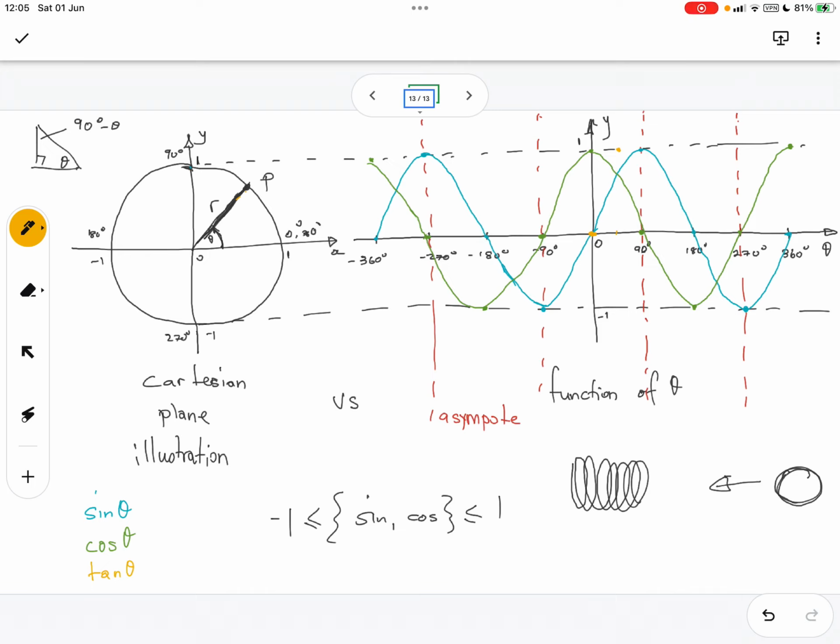So what happens when we get closer to 90 degrees? Let's work out the tan of 89 degrees. We get 57. Let's work out the tan of 89.9 degrees. 572. I want you guys to see something. Then we're going to do tan of 89.99.